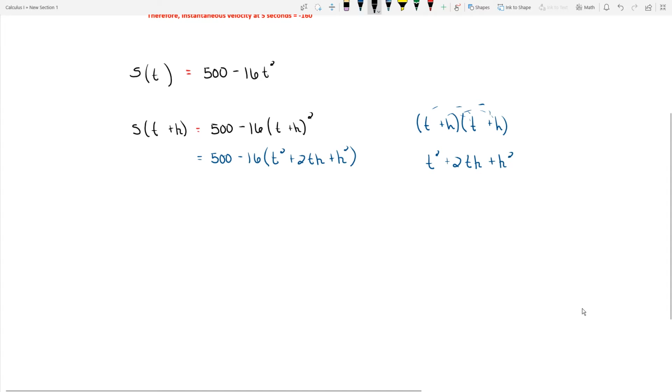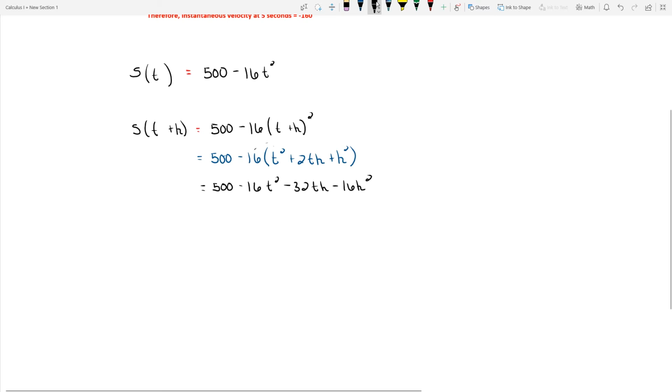Now we carry through our negative 16, and we end up with 500 minus 16t squared minus 32th minus 16h squared. And then we continue to combine like terms if we can. In this case, this is what we're left with.